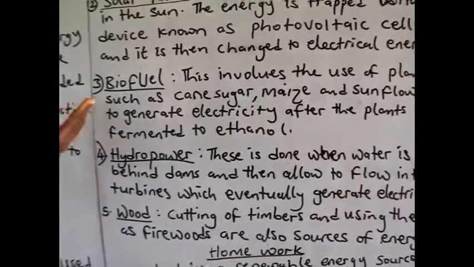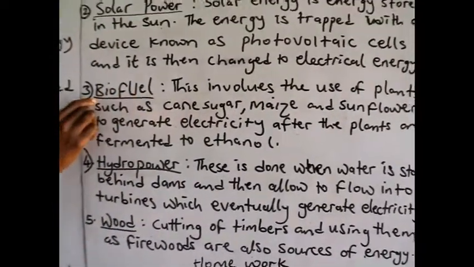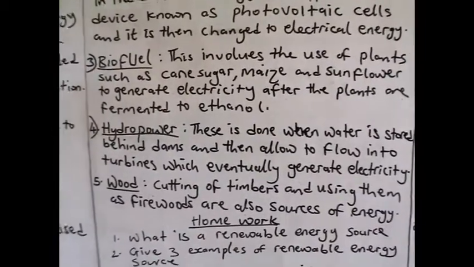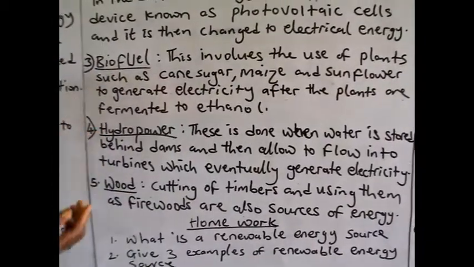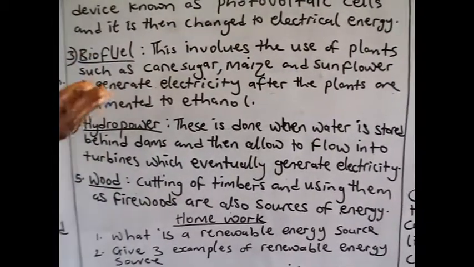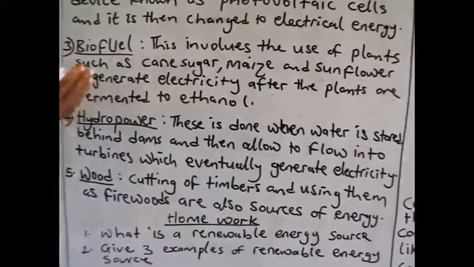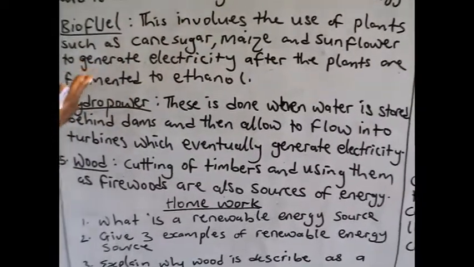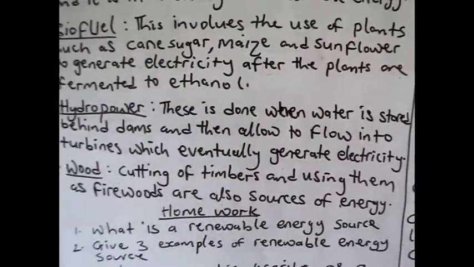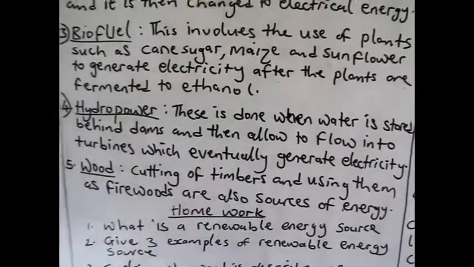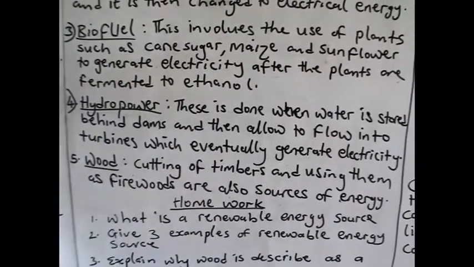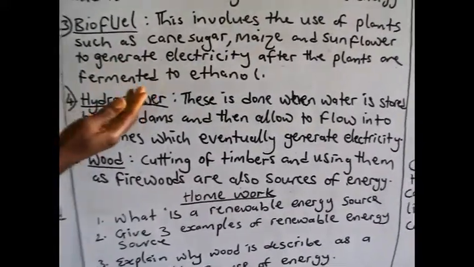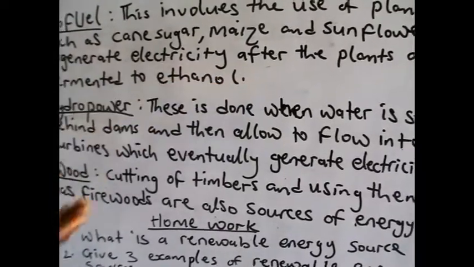We have another form known as biofuel. The word bio means originating from plants and animal sources. This involves the use of plants such as sugar cane, maize, and sunflower to generate energy after the plants have been fermented. When these plants are collected in large numbers and fermented, a hydrocarbon known as ethanol comes out.